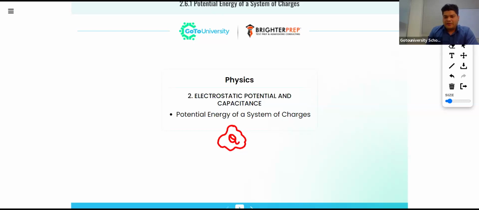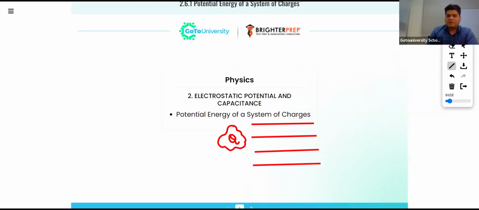Okay, and here we have electric field. This is our electric field.